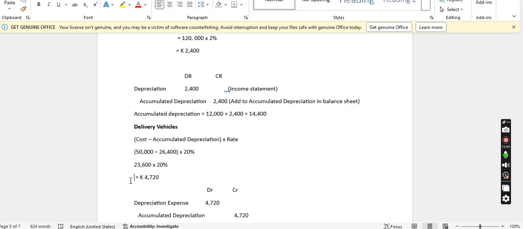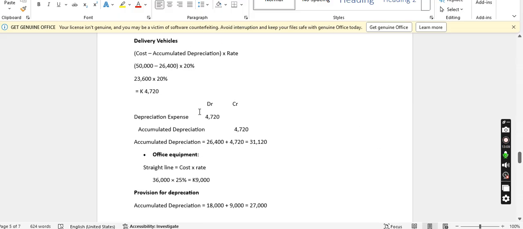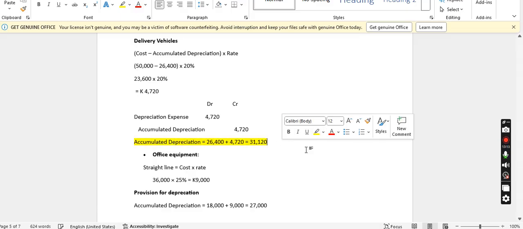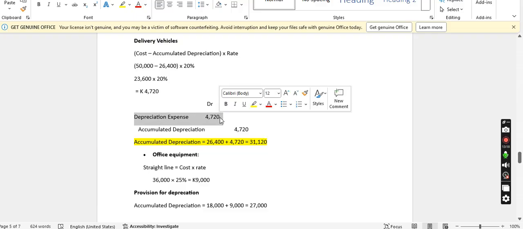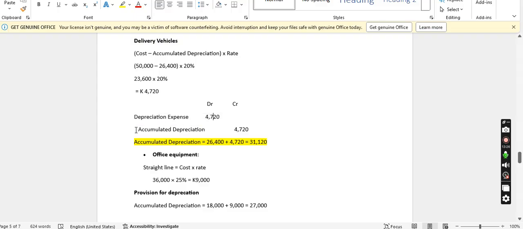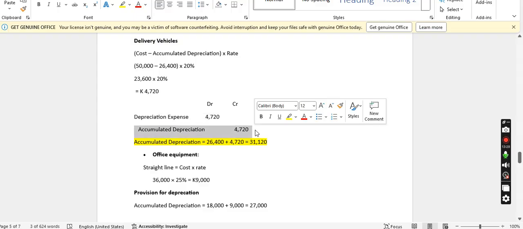So again, you don't need to put this journal entry here, but this tabulation here is going to be there in your balance sheet. Debit depreciation expense 4,720. So you see that 4,720 in the income statement. Credit accumulated depreciation 4,720.